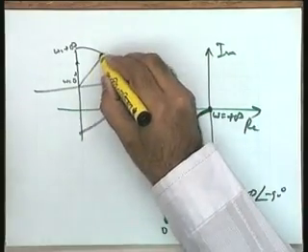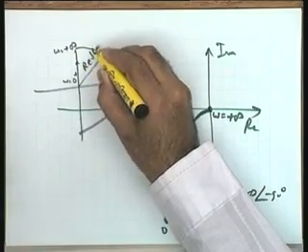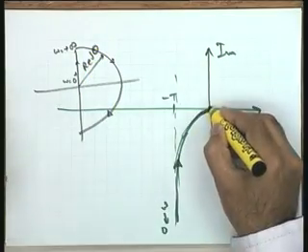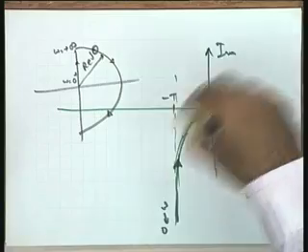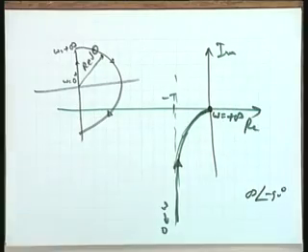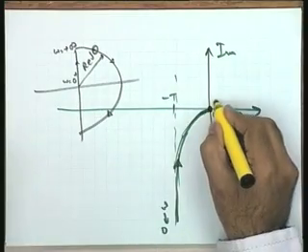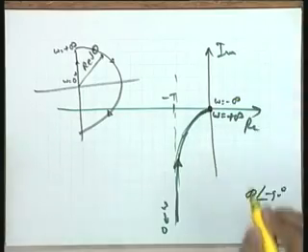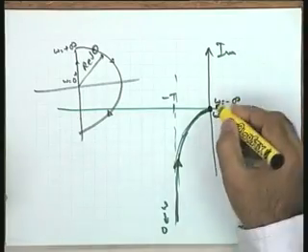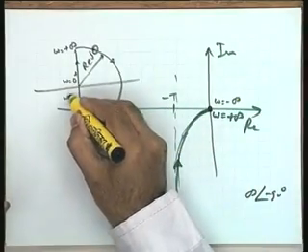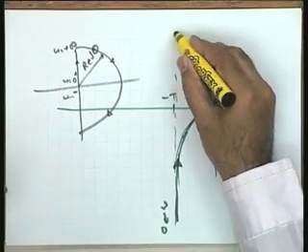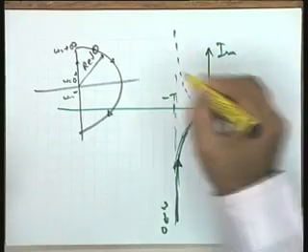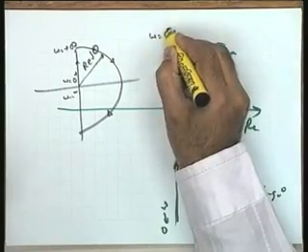I leave this as a simple exercise to you: the e to the power of j theta mapping is the origin itself. You can take the appropriate angle. We need not worry about this. So you have come to omega is equal to minus infinity, and from this minus infinity point to omega is equal to 0 minus is a mirror image. So I have come to omega is equal to 0 minus as well.